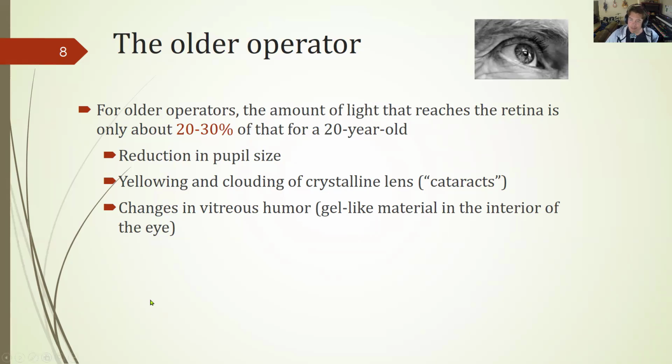That gets thicker, more opaque, lets less light pass through. And this is kind of a surprising value, but only about 20 to 30% of the light in a healthy young person reaches the retina of an elderly person. I don't know exactly what the ages are for the older operator.